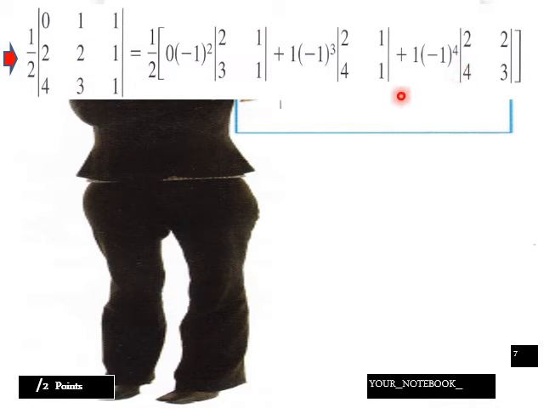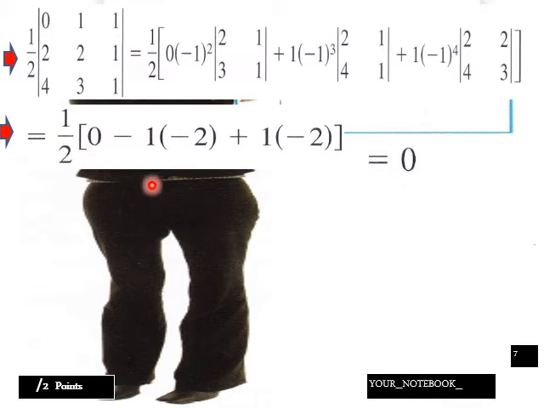And then this one here would be plus 1 times -1 to the 4th power. It would be 2, 2, and then 4, 3. And then when we add all those together, we have 1/2 of 0 minus 1.